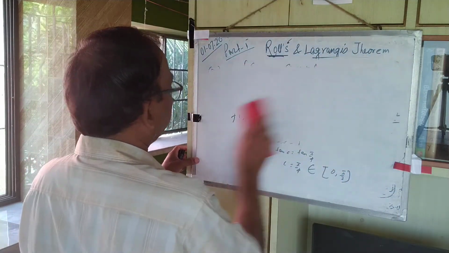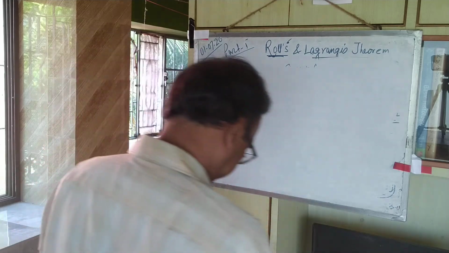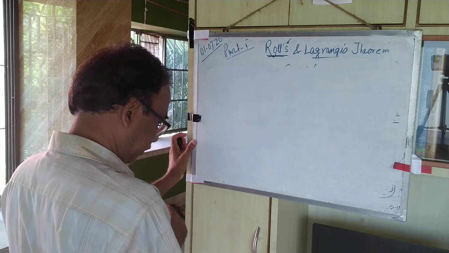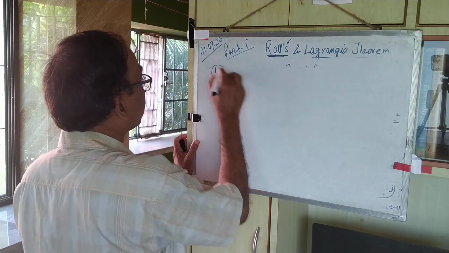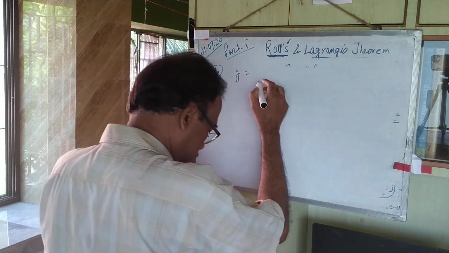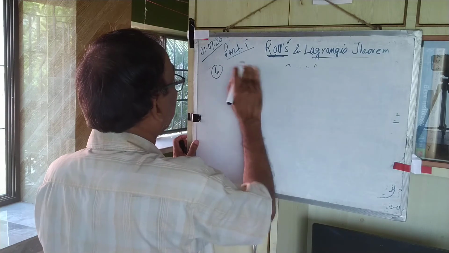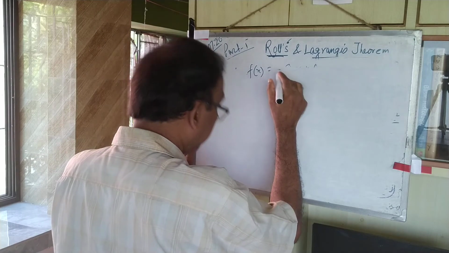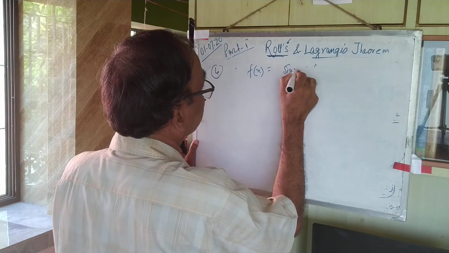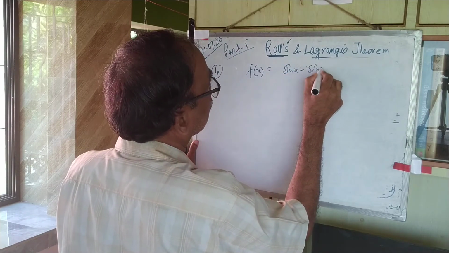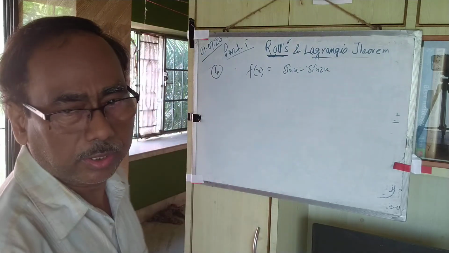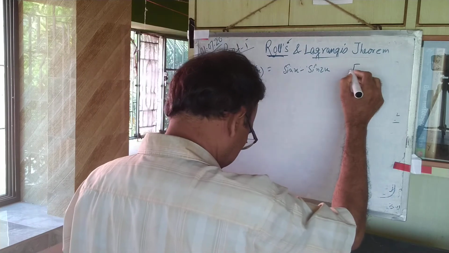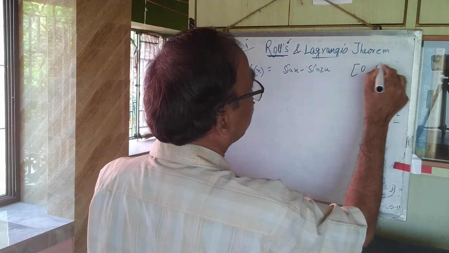Sum number 4. Here f(x) equals sin x minus sin 2x. Here f(x) is a trigonometric function in the interval 0 to pi.